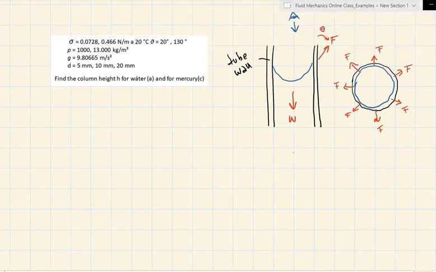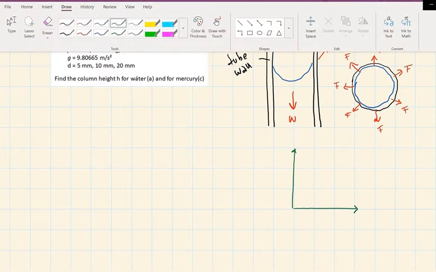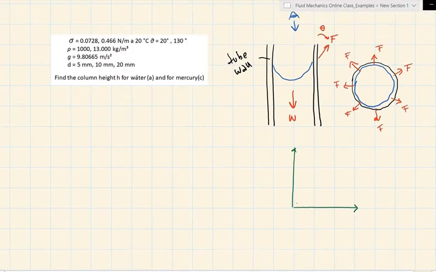Okay, let's get back in business here. Let me draw. This force has two components: a component in the X direction and a component in the Y direction. So this is the force that is diagonal. It forms an angle theta with respect to the vertical, as we see on the top.